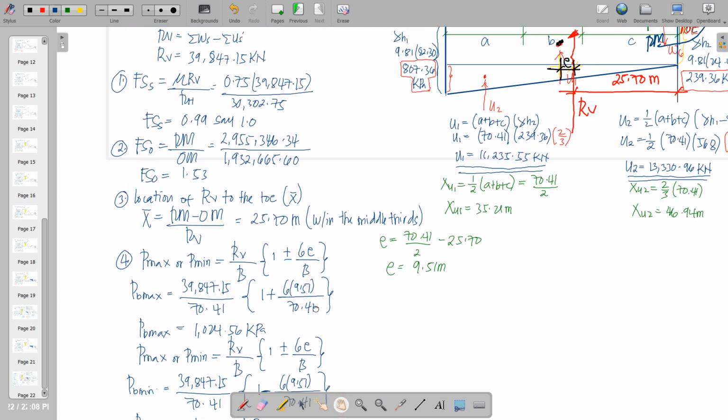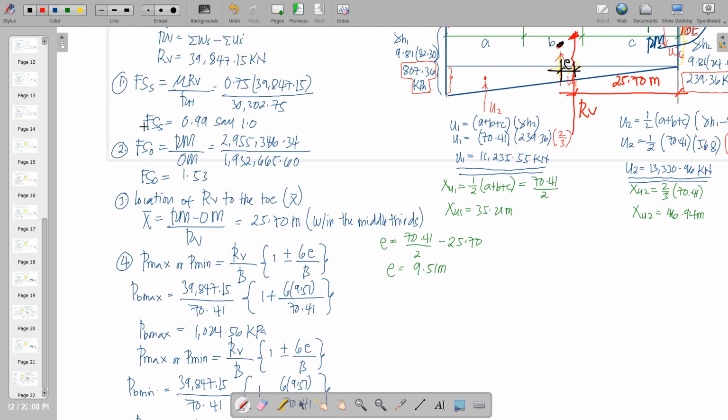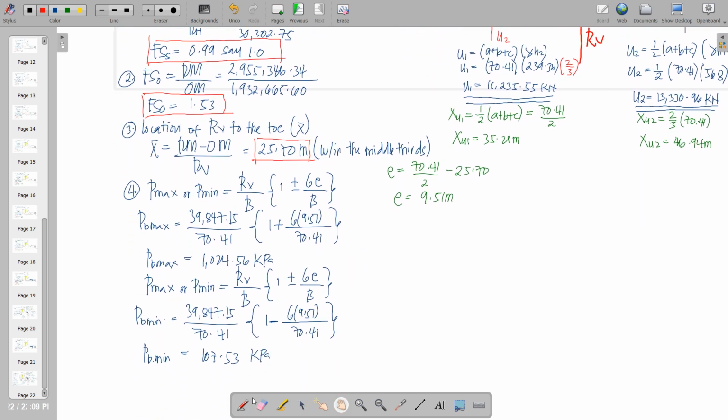As a summary, the factor of safety for sliding is 1. The factor of safety against overturning is 1.53. The location of RV from the toe is 25.7, and that is within the middle thirds.